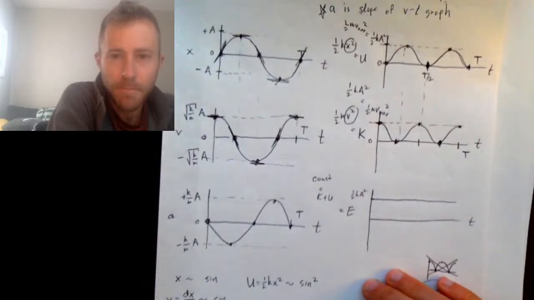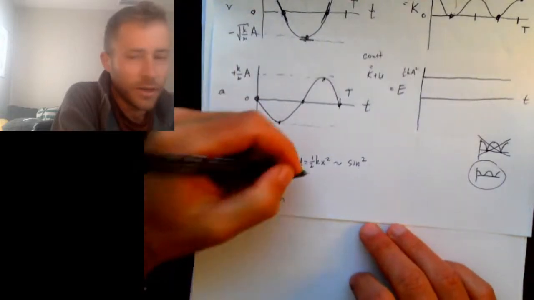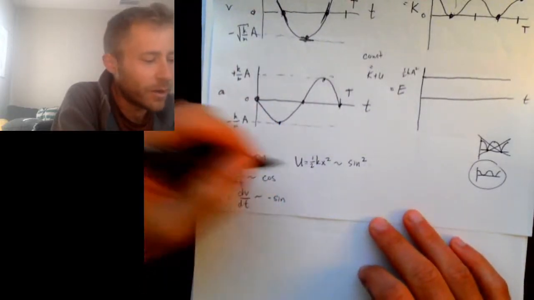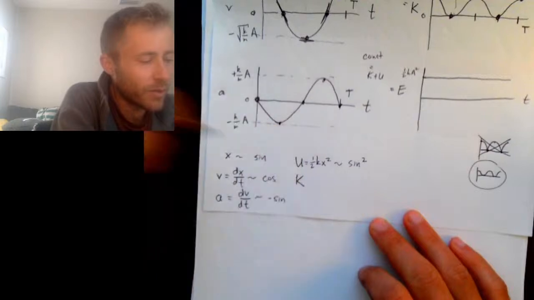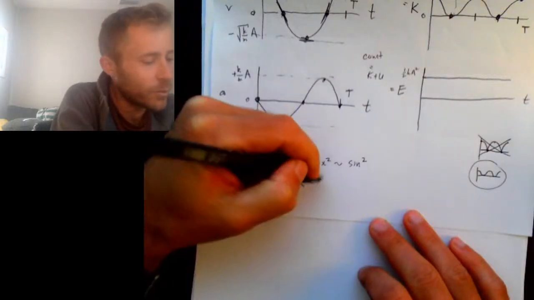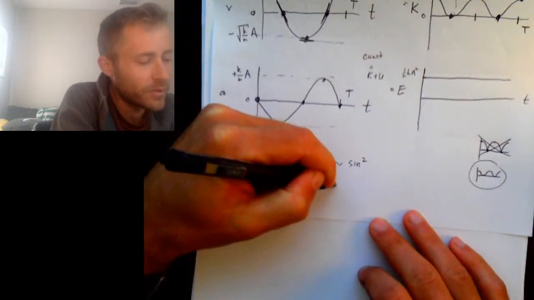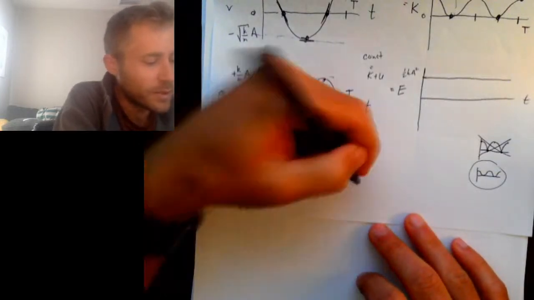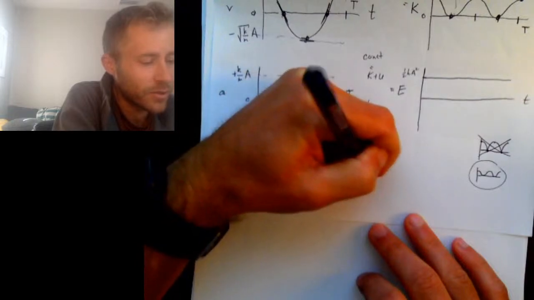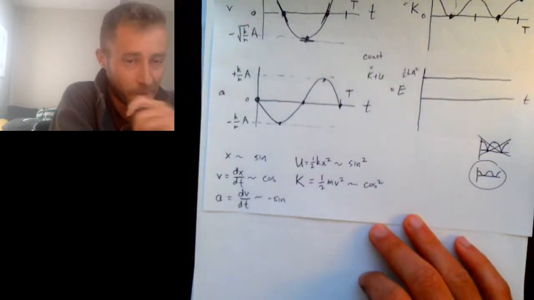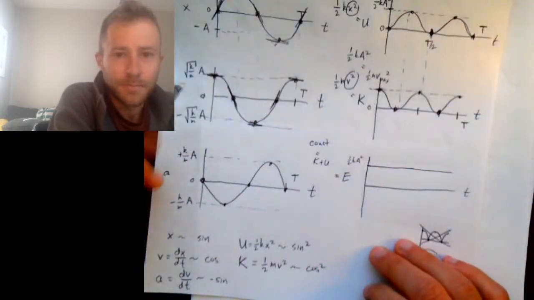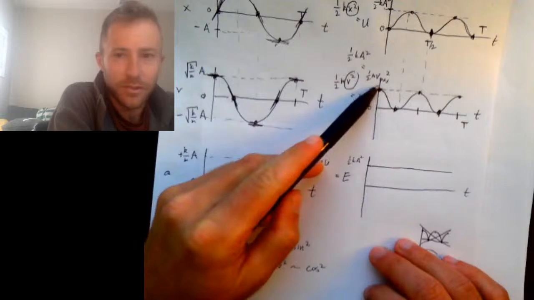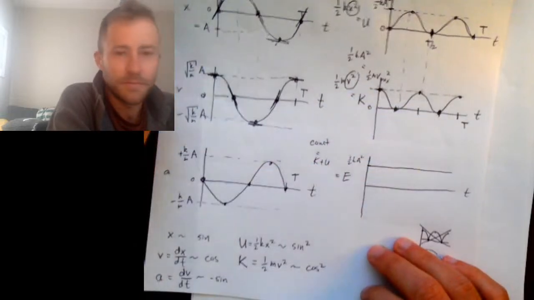All right, so that's nice. If we want to make our kinetic energy versus time graph, well, kinetic energy is 1/2 m v squared. So I have to square the cosine. So our kinetic energy graph is going to look like cosine squared. All right. And indeed, this is the graph of cosine squared.